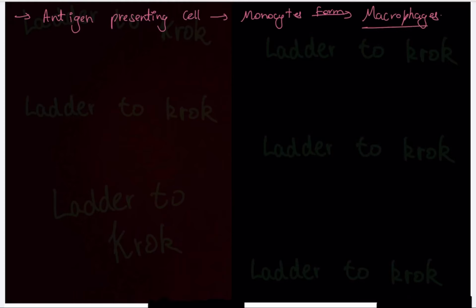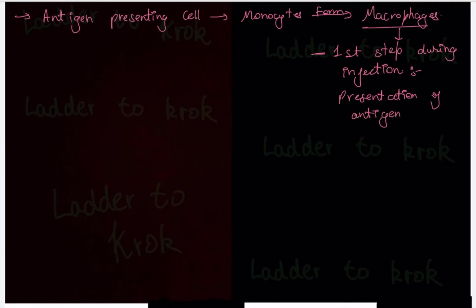Okay, and this macrophage formation is the first step during infection. And then comes the presentation of antigen to T helper cells. Basically, antigen presenting cells show them to monocytes, then monocytes form macrophages, and those macrophages then show them to T helper cells.